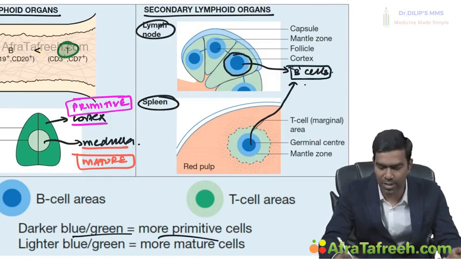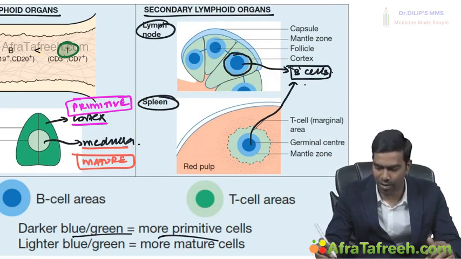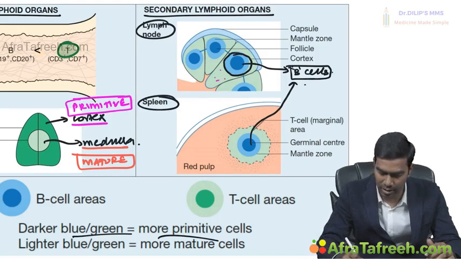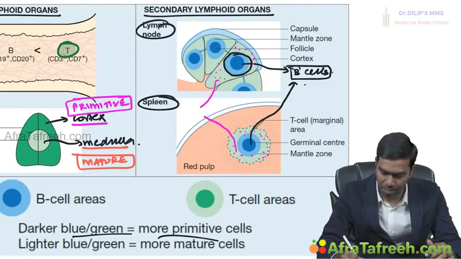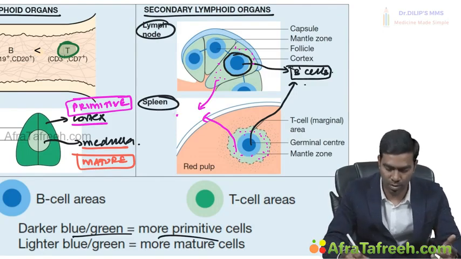This is very important, which we discussed already: in the follicles you see only B cells. In the parafollicular areas and the periarterial area around the follicle, you see the T cells in general.